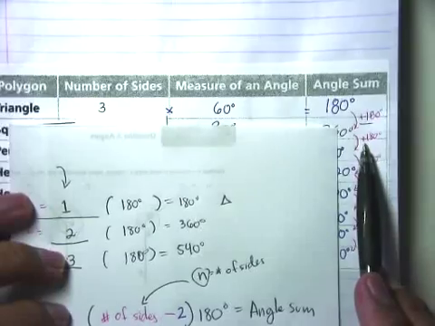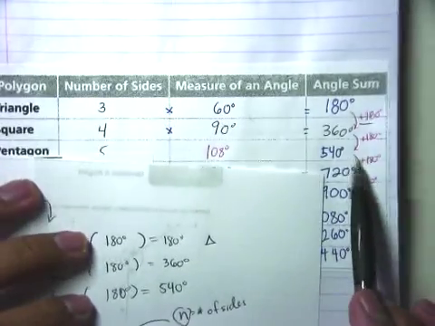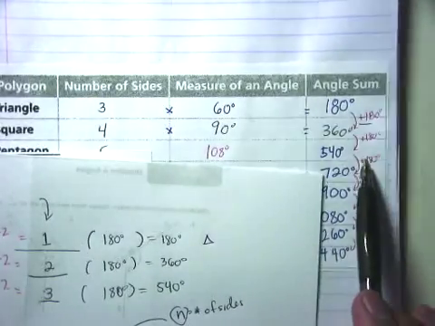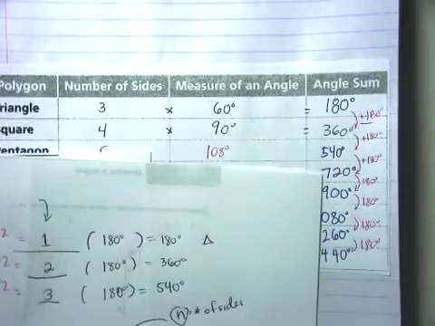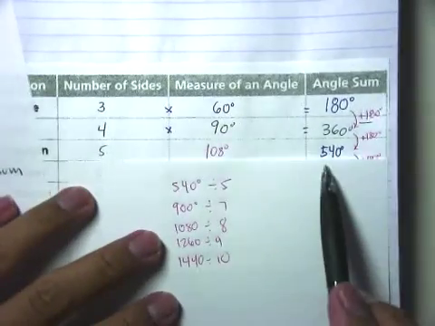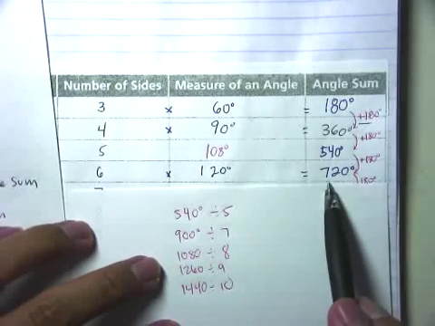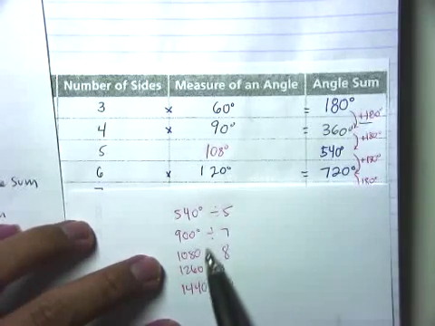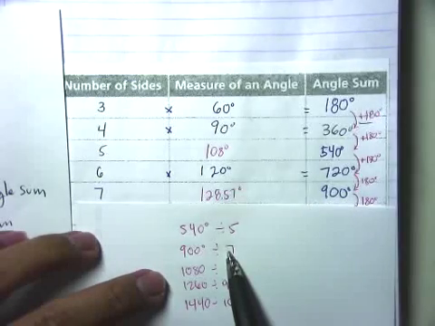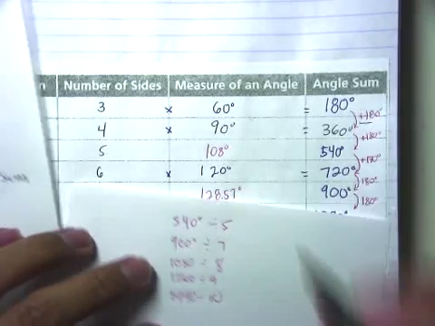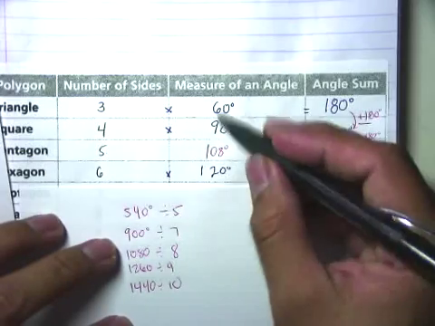Now, if I wanted to find the measure of each angle, I use this idea here. And from my angle sum, I just divided. Remember the 540 divided by 5 and gave me 108? The 720 divided by, we did that one already. The 900 divided by 7.